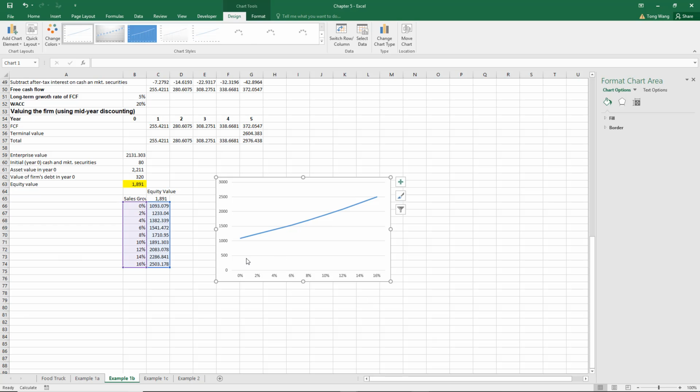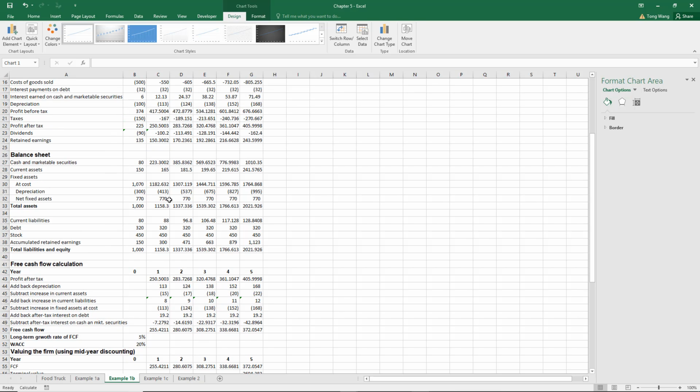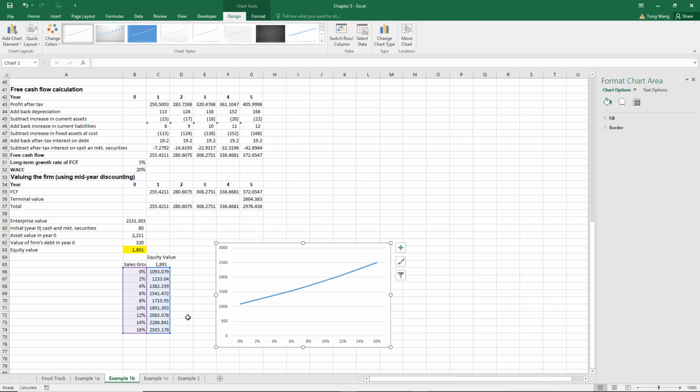Okay, so if you insert a figure, that tells you the relation between the stock price and the forecasted growth rate. Now you can see that the faster you grow, the more valuable your stock is. Right? That's because we don't have to maintain a higher net fixed assets. So that's the difference between this one and the previous example.